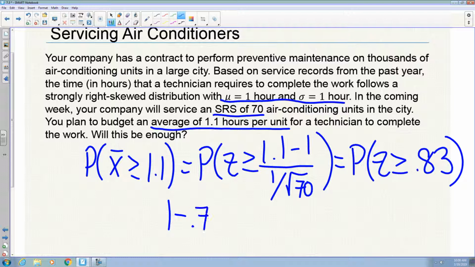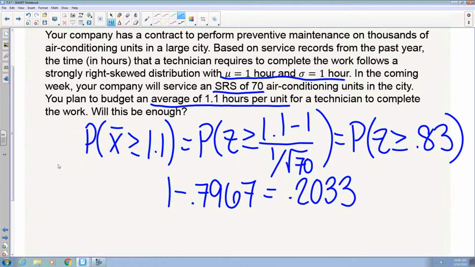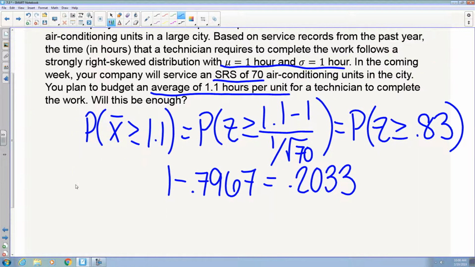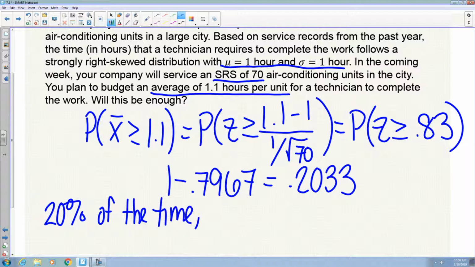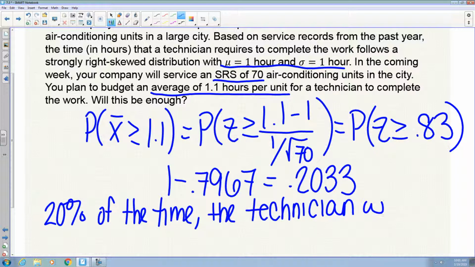On the table, I get 0.7967, so my probability is about 20%. So about 20% of the time, I'm going to go over 1.1 hours. So to summarize this question, I'd say about 20% of the time, the technician will go over, which is not ideal.